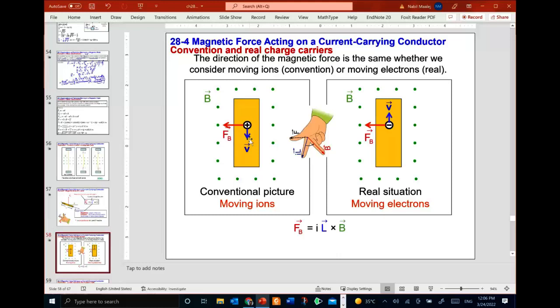Now, the thumb is giving this direction, but it's a negative charge, so I have to flip the direction. So in both cases, whether you think of current as a flow of positive charges or the opposite of the flow of negative charges, you get the same direction of the force.